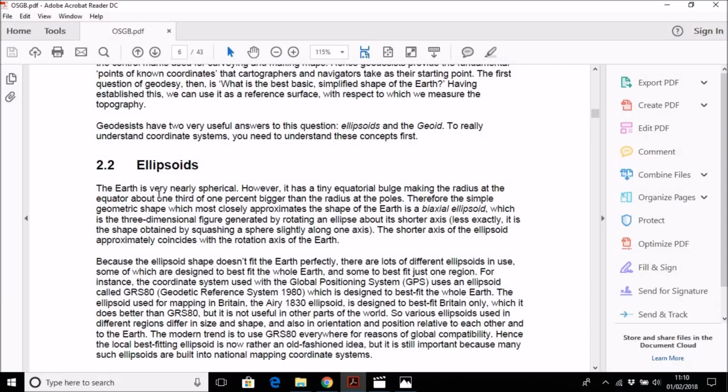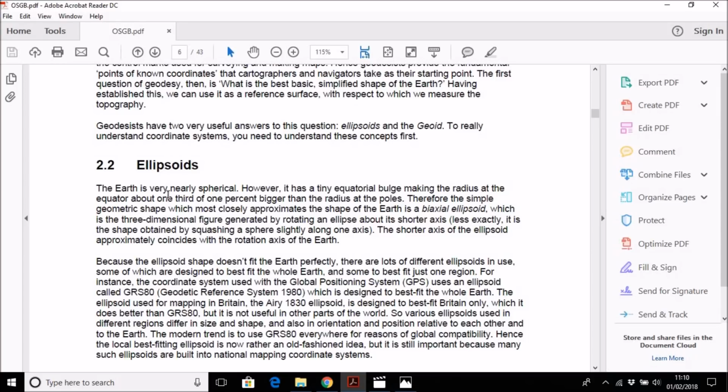The Earth is very nearly spherical. Okay, now where does that statement come from? Well, that statement comes from millions, probably billions of data points, of actual data measurements of the Earth, originally from surveying on land and more recently from satellite observations from space as well.